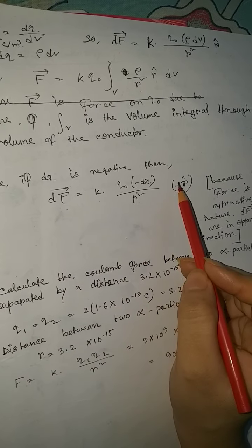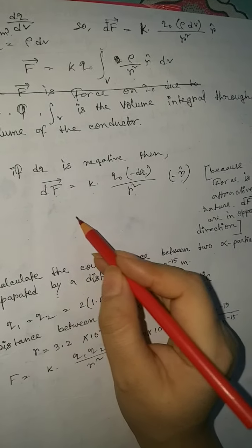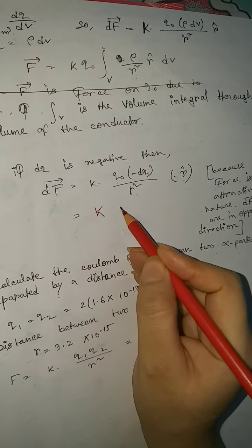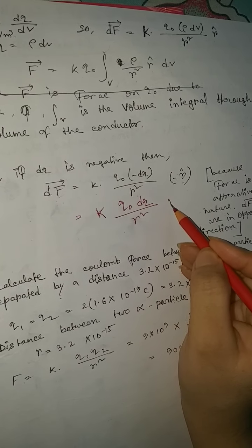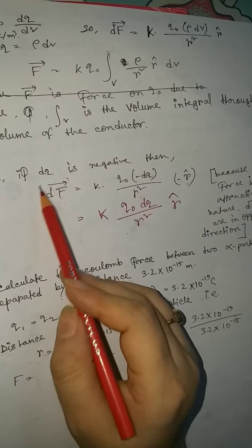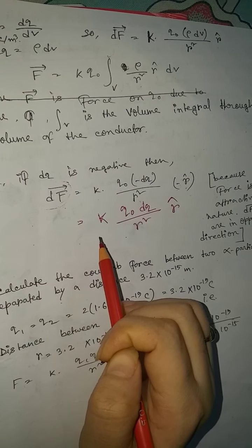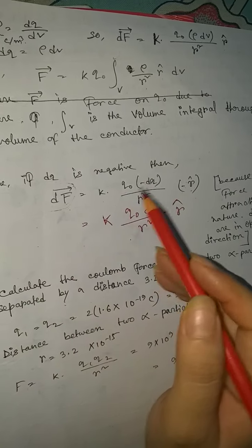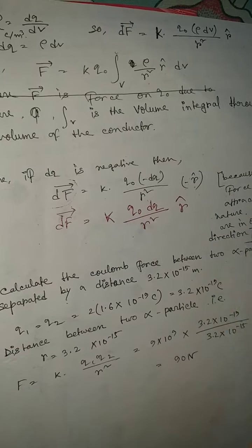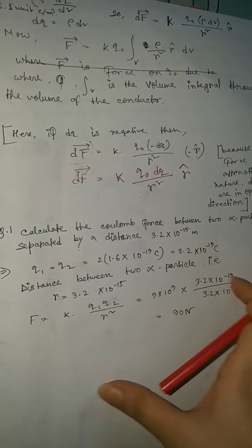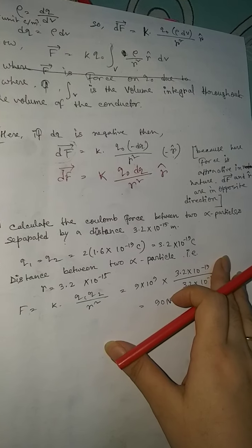That's why this negative sign arises here, and minus times minus becomes positive. So the value will be the same. That means the formula of Coulomb force does not depend on positive or negative charge.